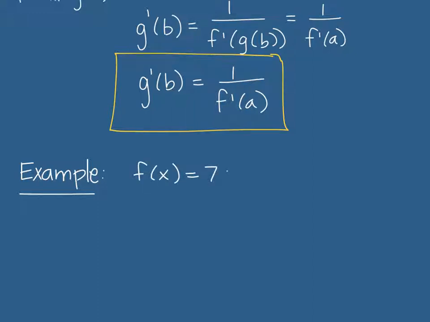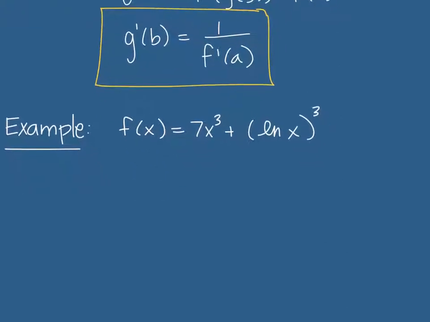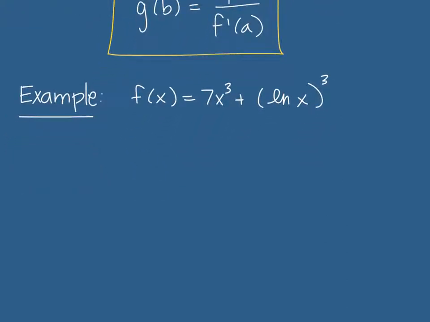F of x equals 7x cubed plus the natural log of x quantity cubed. You're given that. You're also given f of 1 turns out to be equal to 7, which you could figure out. You could plug 1 into that and work it out to 7. Your job is to find g prime of what number do you think?